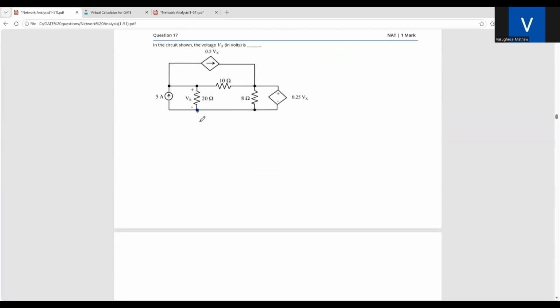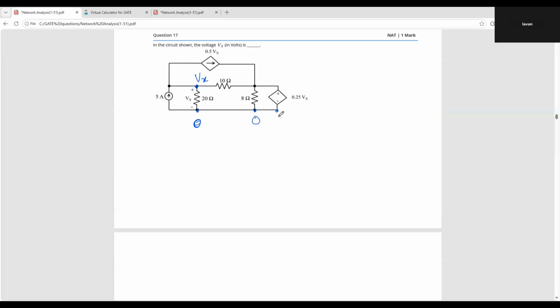This is 0. I'm assuming this is 0. Then what is this? Vx, that is clear. If this is 0, what is this? This is also zero.